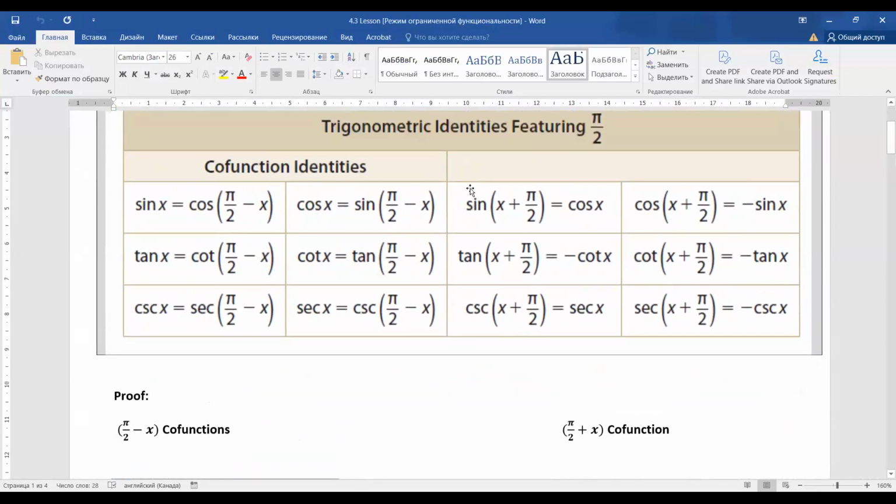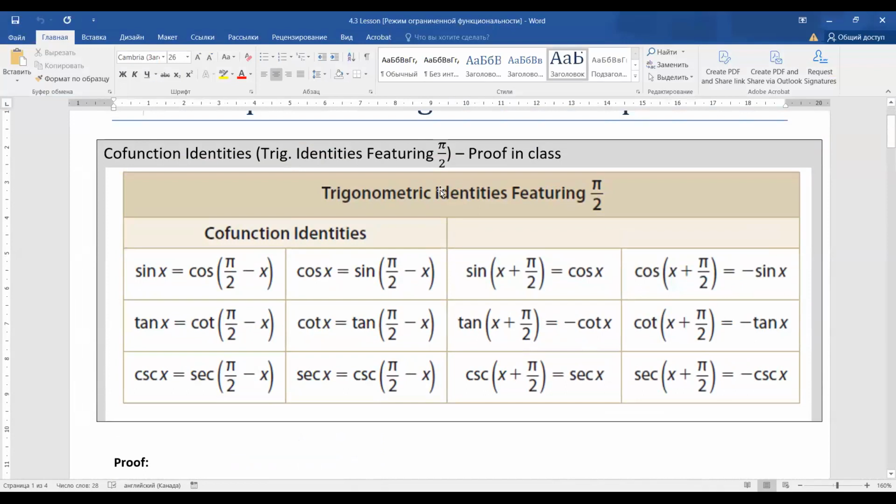Please note down this table for your convenience. This is what we just showed in class. Take notice that for some of these functions, you can see that it brings out a minus in front of it.